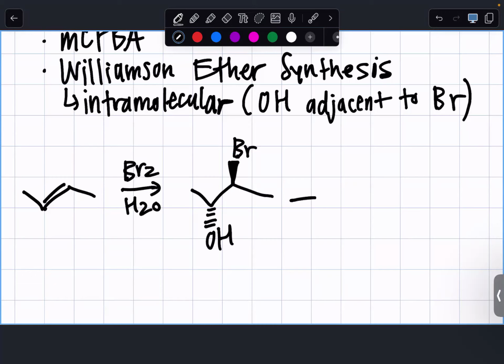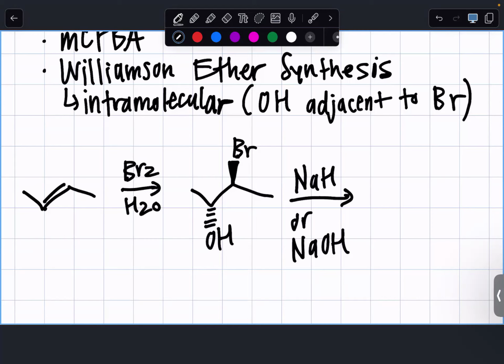And let's say we introduce a strong base like NaH or NaOH. What do you guys think is going to happen here if we introduce a strong base? Yeah, it would make an epoxide where the first step is that the strong base is going to deprotonate this alcohol hydrogen, become O minus, and then that O minus comes in to do an intramolecular SN2 reaction, kick out the Br to form the epoxide.